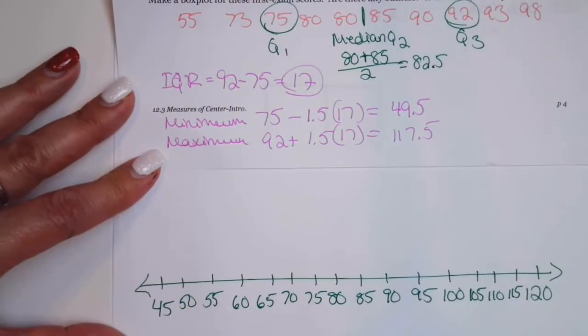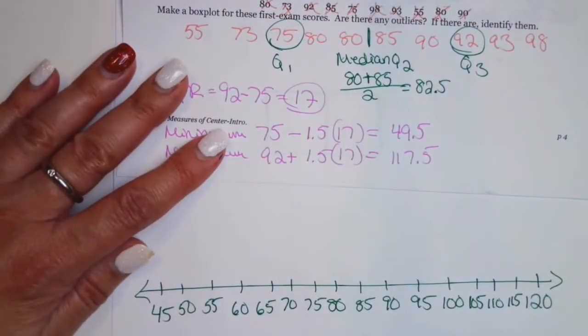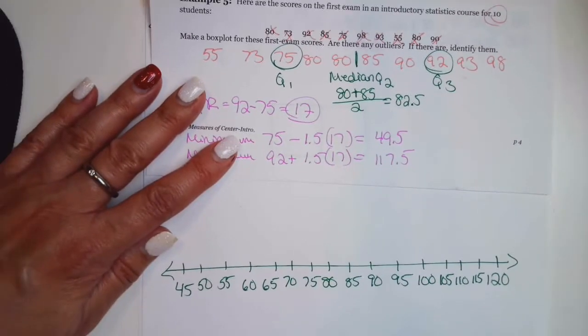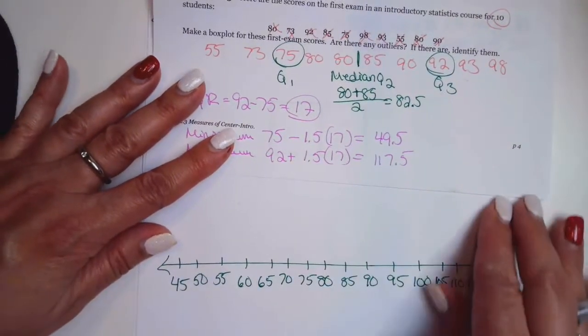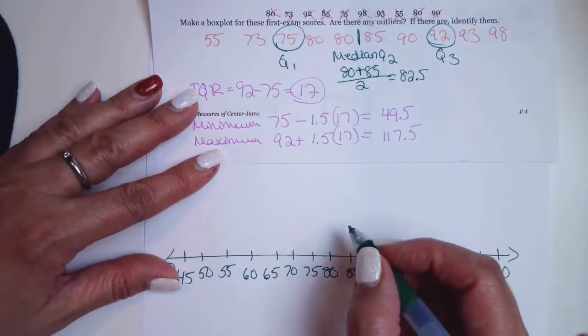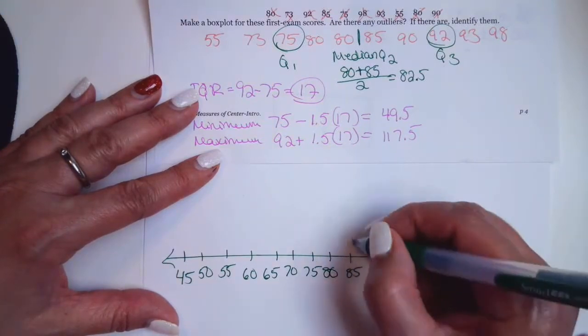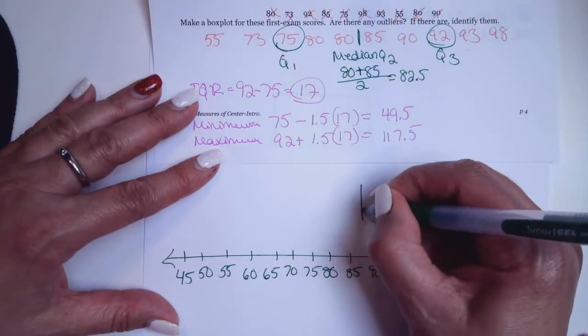I'm going to make this a little bit bigger so hopefully you can actually see. Here we go. Our median is 82.5. Here's 80 and 85, so it's in between. So here's our median.